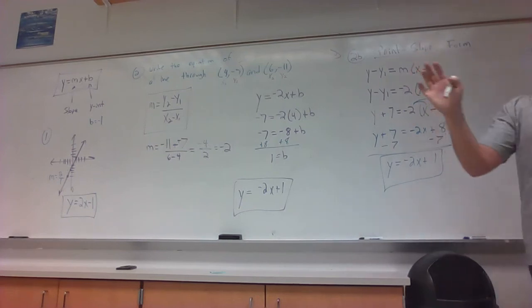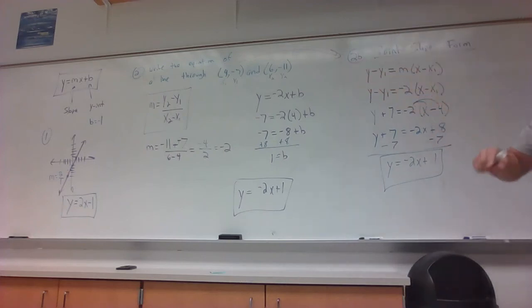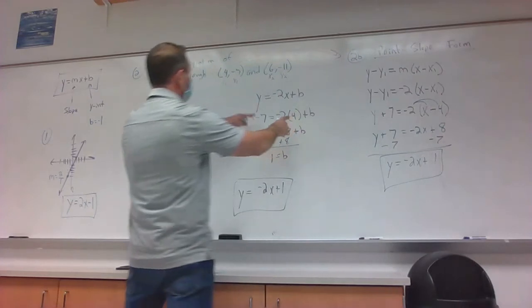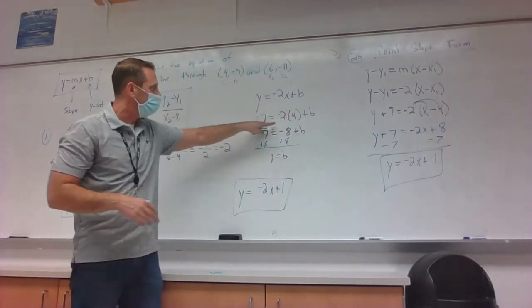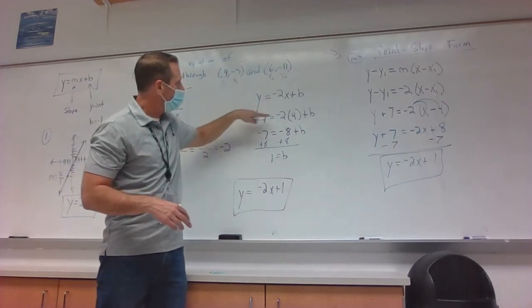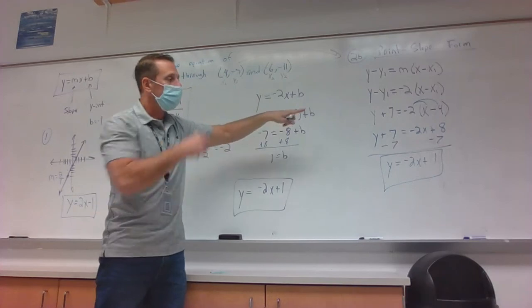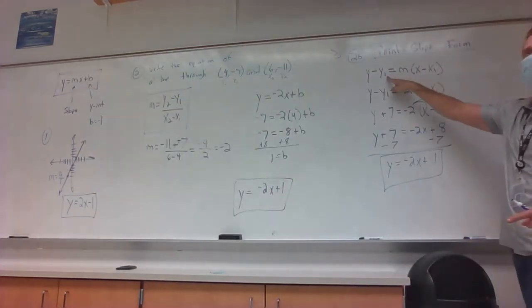Now, in either case, you can plug in either coordinate for x1 and y1. Bella said earlier when she was like, plug in for x and y, I was like, which one? She said either one. So I plugged in 4 and negative 7. We could have plugged in negative 11 here and 6 here. Same thing over here. Instead of x1 and y1, I could have plugged in x2 and y2.